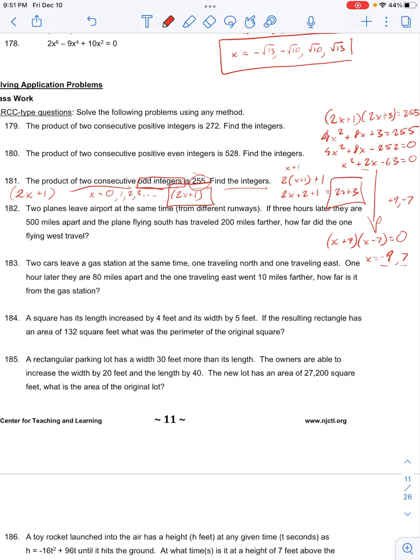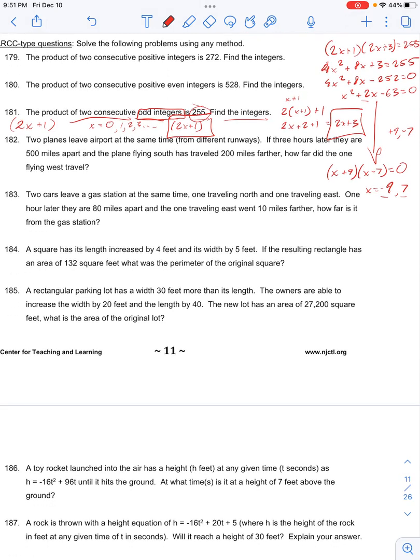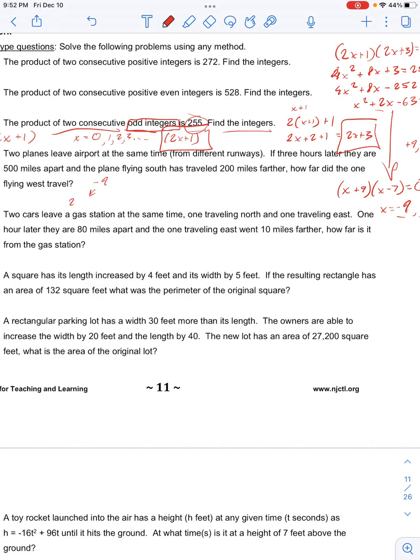And this would give me two scenarios. One where x is negative 9. And so my first odd number would be 2x plus 1, which is 2 times negative 9, which is negative 18, plus 1, which is negative 17.